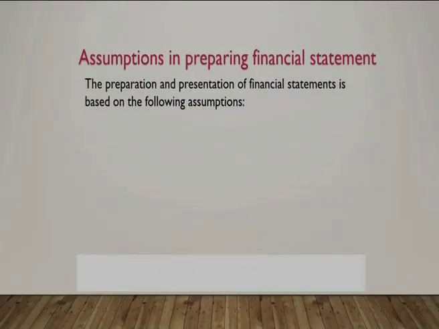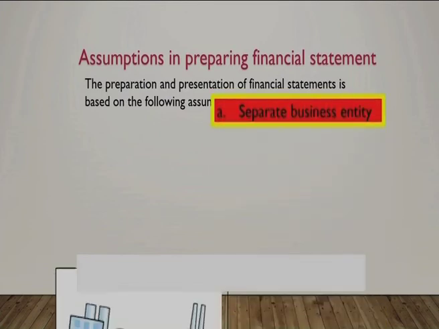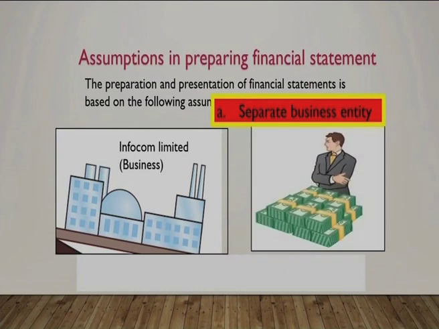Last one, assumptions in preparing financial statements. Preparation and presentation of financial statements is based on the following assumptions. One, separate business entity. Here it's simple, the owner and the business should be separated. They are two different persons, they cannot be considered as one. The accounts of the proprietor should be maintained separately and the accounts of the business should be maintained separately, because the accounting equation says assets always equal liabilities plus owner's equity.